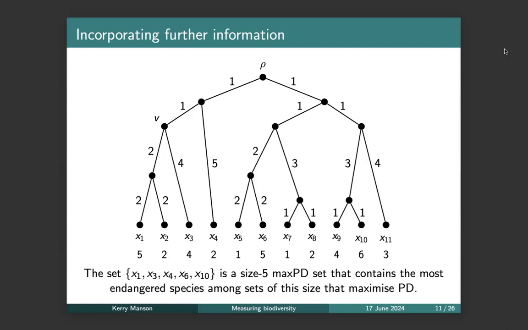So if we were going just on endangerment alone, we probably would pick X9 instead of X4. But then we wouldn't be spread wide enough. We would be missing out on all of this phylogenetic diversity if X4 went extinct through lack of being looked after. So incorporating further information is a key way to help us distinguish between those large numbers of maximum PD sets.